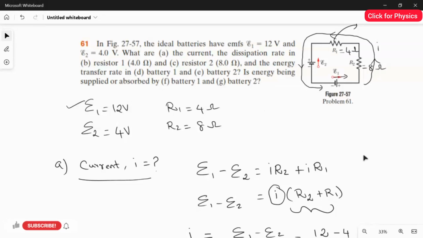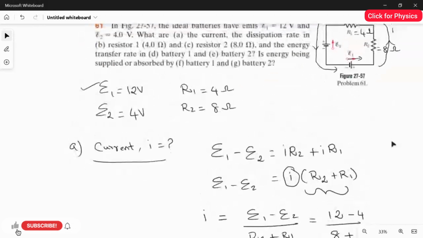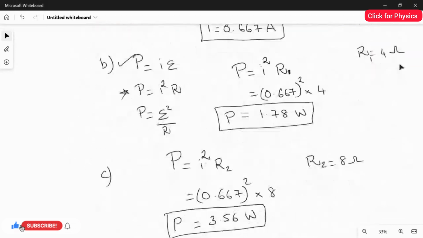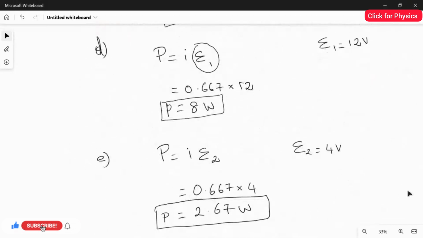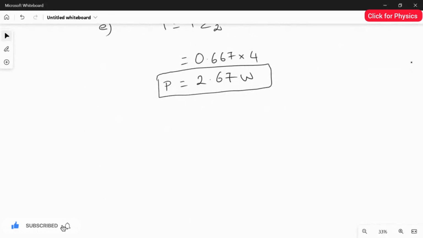Clear? So what is the answer for the seventh question and the eighth question? So F part and G part. F part, EMF 1 is acting as a supplier.